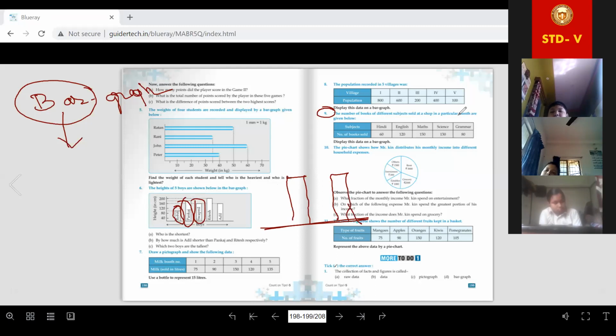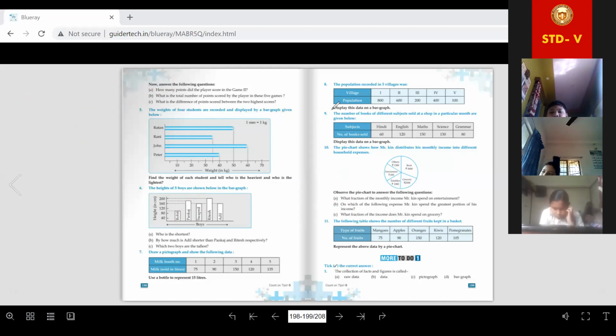Now look at this. By taking an example, I will explain. The numbers of books of different subjects sold at a shop in a particular month are given below.